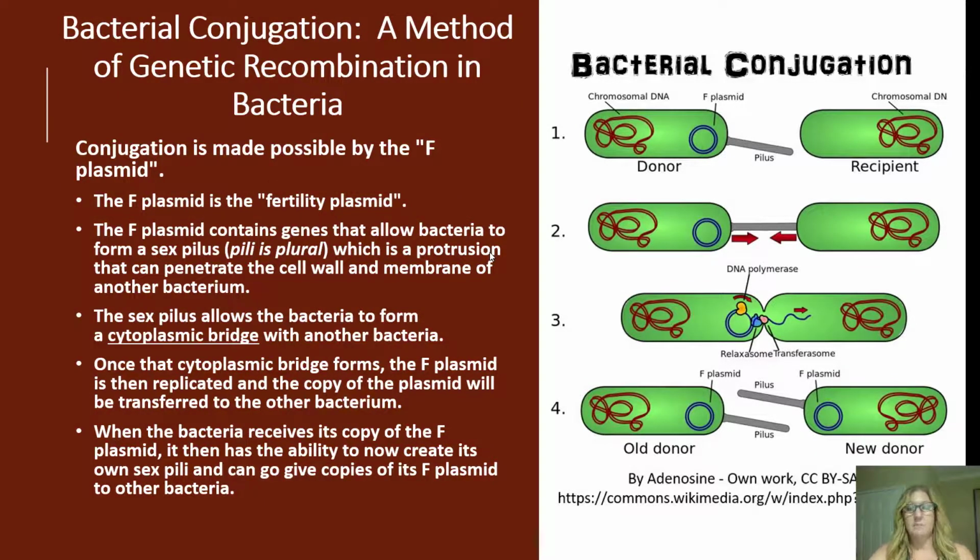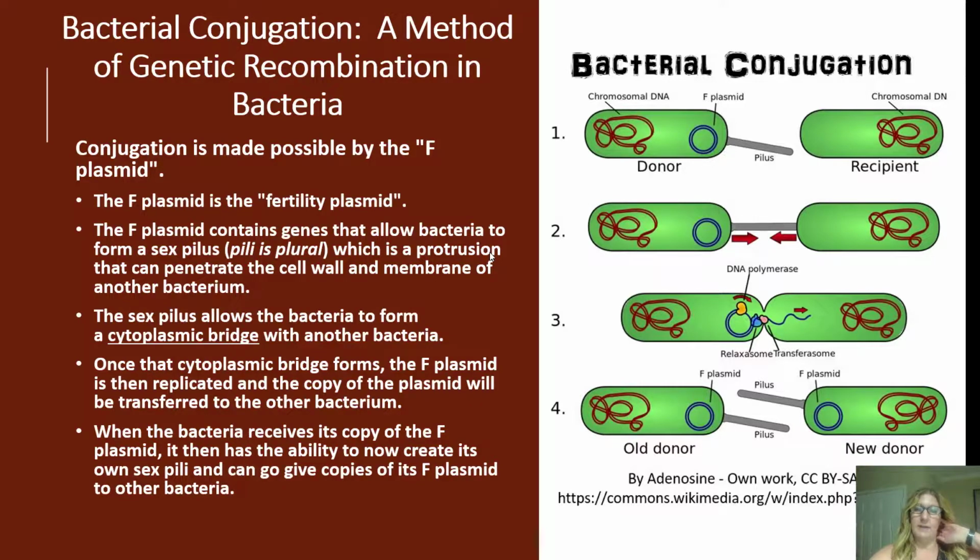Conjugation is made possible using the F plasmid. The F plasmid is the fertility plasmid. It contains genes that allow the bacteria to form a sex pilus. Sometimes you'll hear this called pili, which is the plural form of pilus.